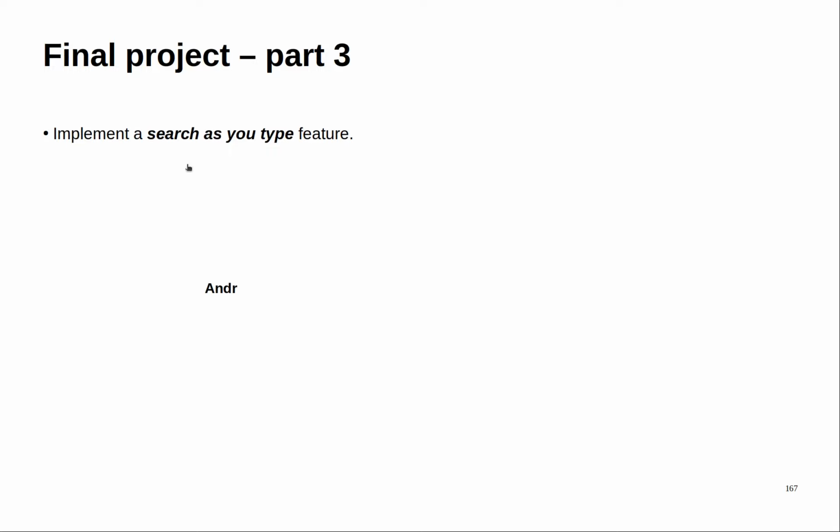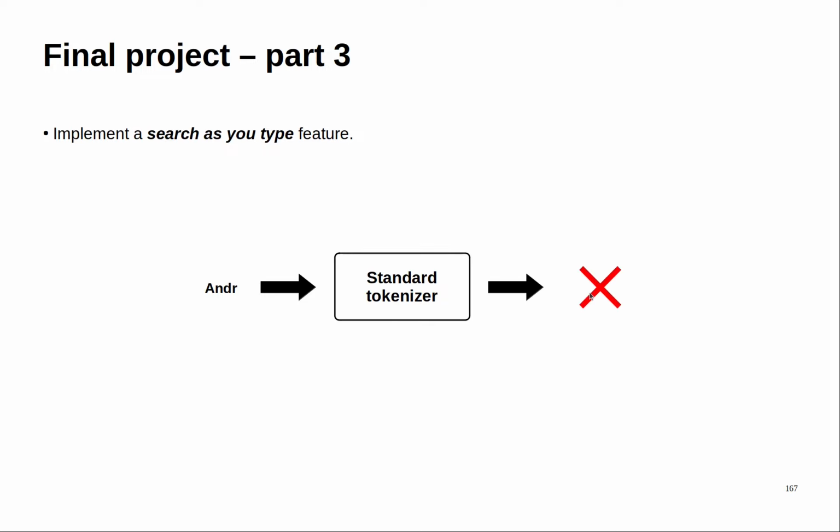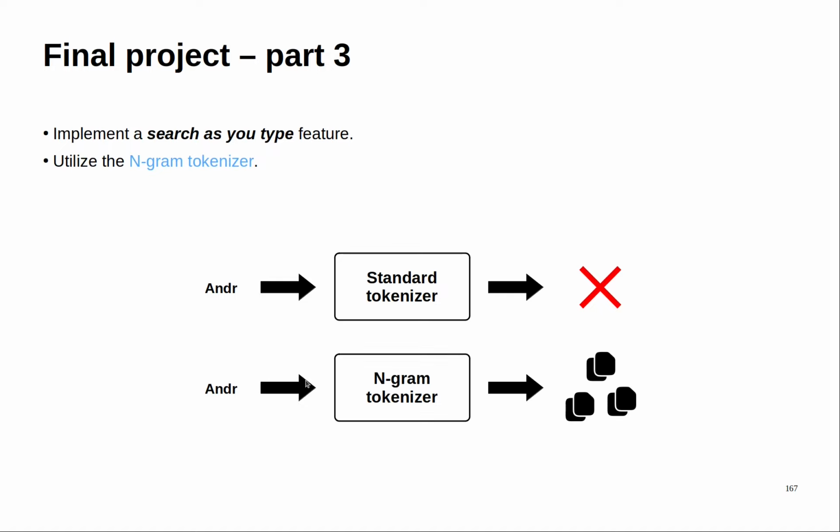For example, if I am searching for the Andromeda galaxy and I type just the first characters, the standard tokenizer we used during index creation won't return any results because this term is not a complete token in the inverted index. To resolve this, we will switch to using the Ngram tokenizer, which will allow us to retrieve documents even if the word isn't fully typed.